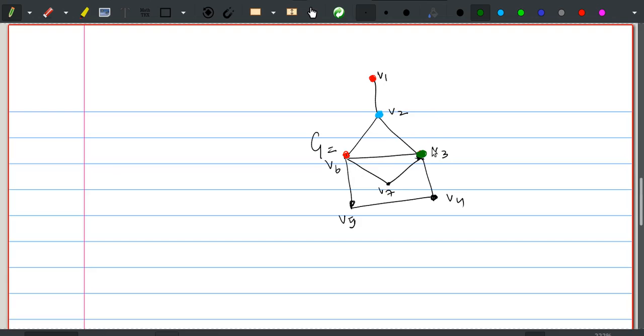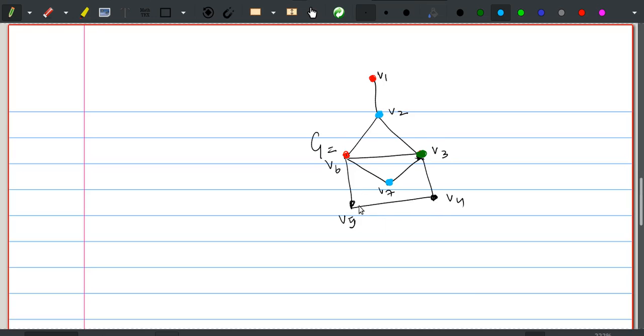Now vertices v3, v6 and v7 are all adjacent to each other, so in this region we need three colors. So we can use the color cyan for v7. There is no harm in that because v2 and v7 are not adjacent.